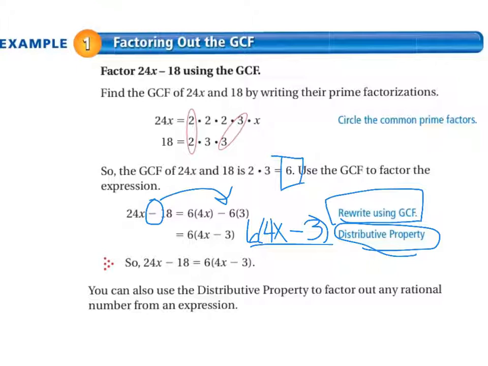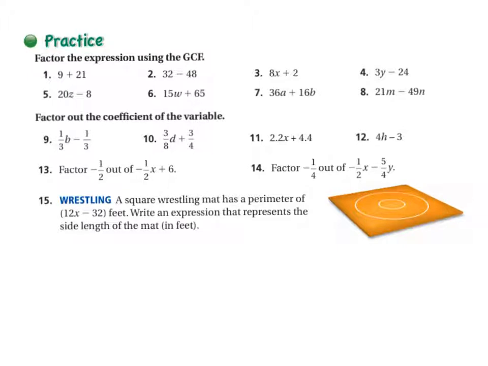You can also use the distributive property to factor out any rational number from an expression. So we are going to do the odd numbered practice problems together, because your even numbered practice problems are the practice for this lesson. So we are going to factor number 1 using the greatest common factor.